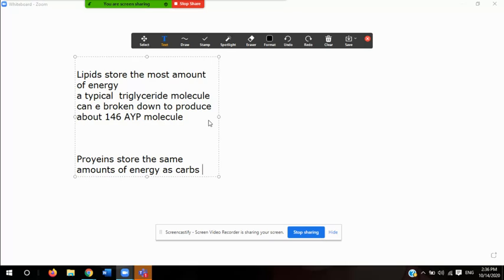And one thing is that the amino acids that cells can break down to make ATP are needed to build new proteins.